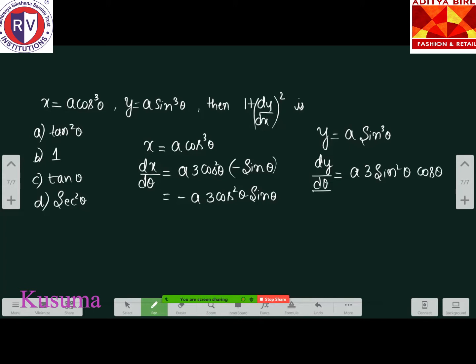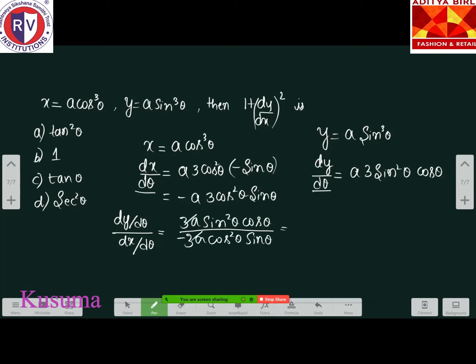Now we have got dy by d theta and dx by d theta. What do we have to do in order to find dy by dx? We should divide dy by d theta by dx by d theta. So dy by d theta is 3a sin square theta cos theta. This is minus 3a cos square theta sin theta. So we can cancel 3a and 3a here.